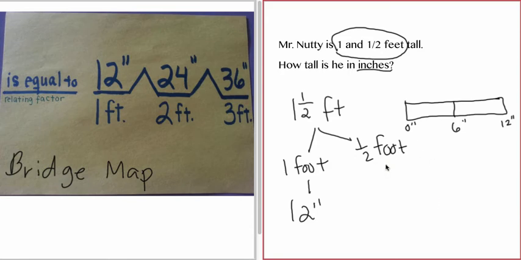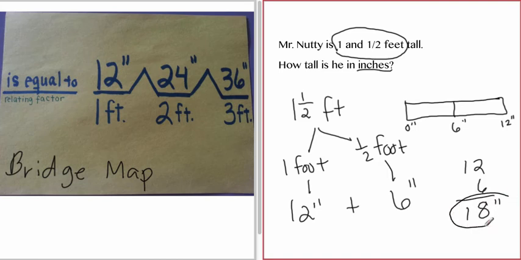So therefore, I know that 1/2 foot would be 6 inches. Since I want to find out how tall Mr. Nutty is in inches, and I know he's 1 1/2 feet tall, I just have to add 12 inches plus 6 inches. So 12 plus 6 gives us 18 inches. So Mr. Nutty is 18 inches tall.